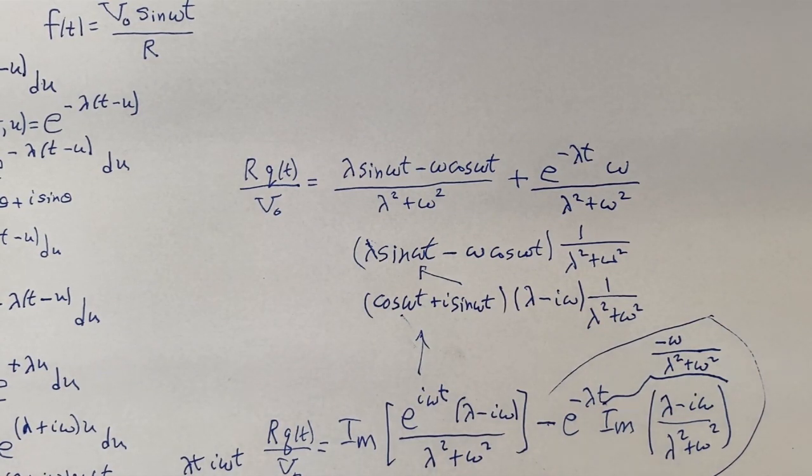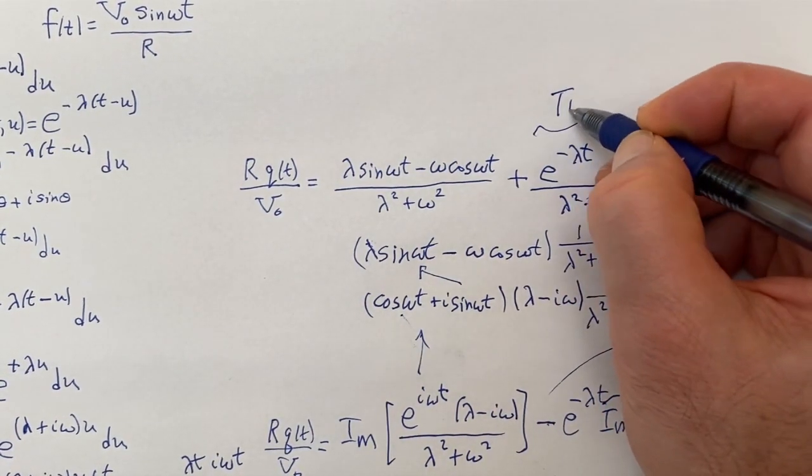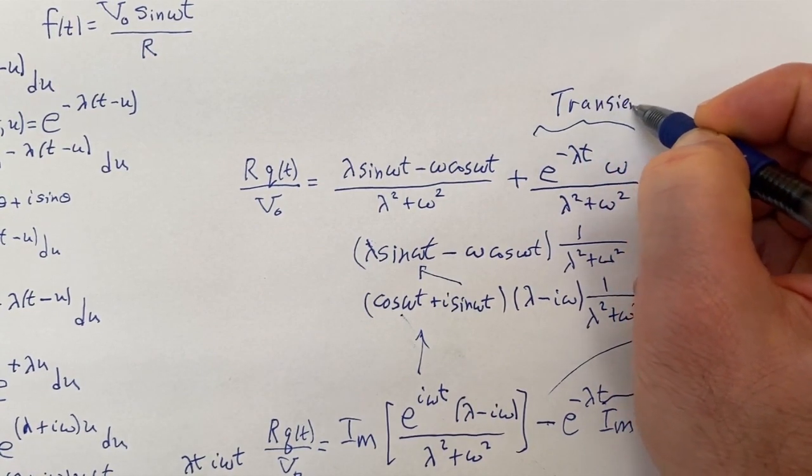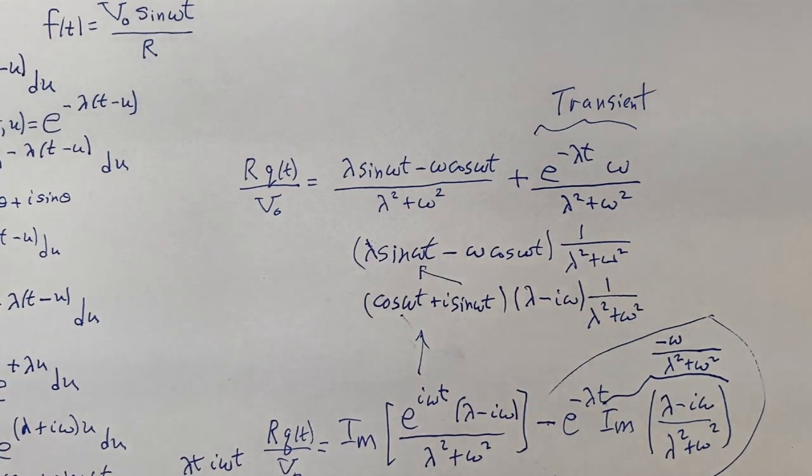This gives complete knowledge as to what's going on. And what's very fascinating about this is that this part dies away. In fact, this part is the transient part of the solution. It's the nice thing about the Green's function. We got total information here. We got everything. So something's going to happen in the circuit that's going to die down to zero.